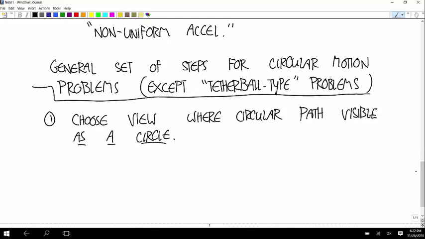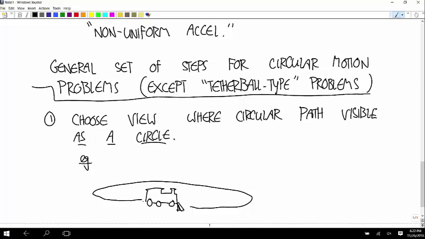Okay, so here's an example. Say that you're doing a problem with a toy train, because I'm really good at drawing this train shape. And this train goes around a circular path like this.